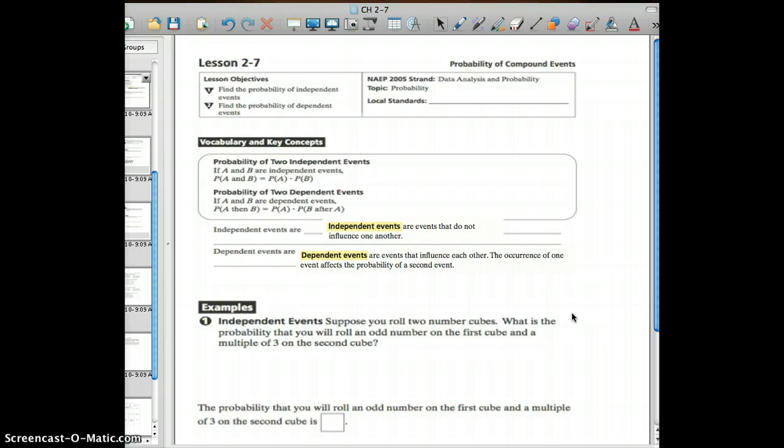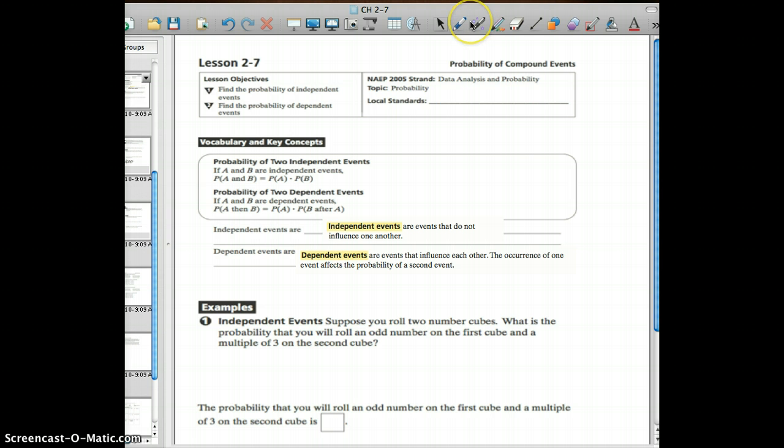So if I'm going to eat another jelly bean, the probability that that jelly bean is red or green is going to be different than it was the first time I pulled a jelly bean out of my bag that only had 5 in it. So dependent means it matters what happened the first time, because now I have fewer things to choose from usually, okay? Let's look at some examples here.